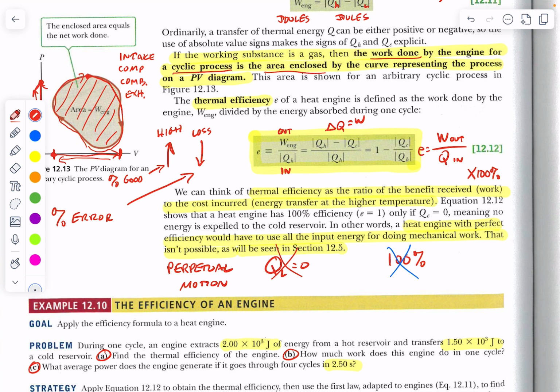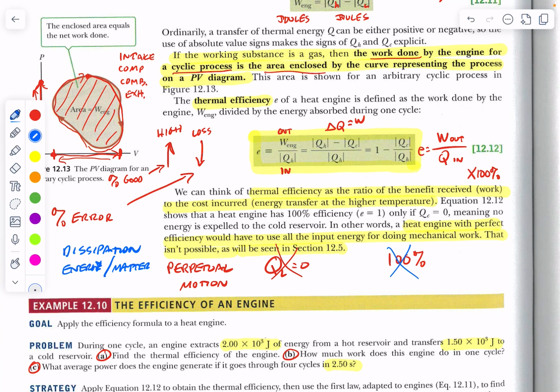In other words, you're going to have the dissipation of energy or matter, excuse me, into the environment. You're going to lose energy to the environment, or you're going to spread your matter out. It's going to be distributed.